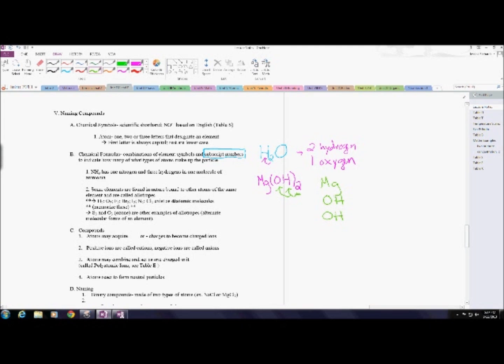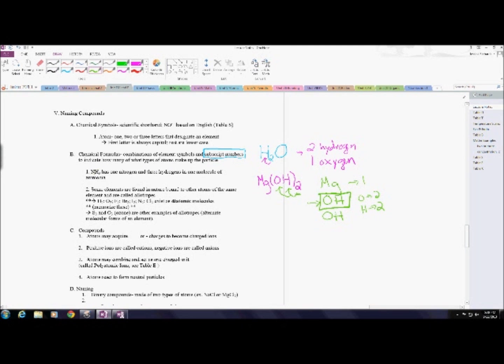And the parentheses mean that these units always have to come in a set of OH. I can't have 1 oxygen and 2 hydrogens. If it says 2 hydroxides, I have 2 full sets. These come bonded together. So we would have 1 magnesium, 2 oxygens, and 2 hydrogens in this compound. Okay, so that's the total number of pieces. That's how we read the little subscripts.